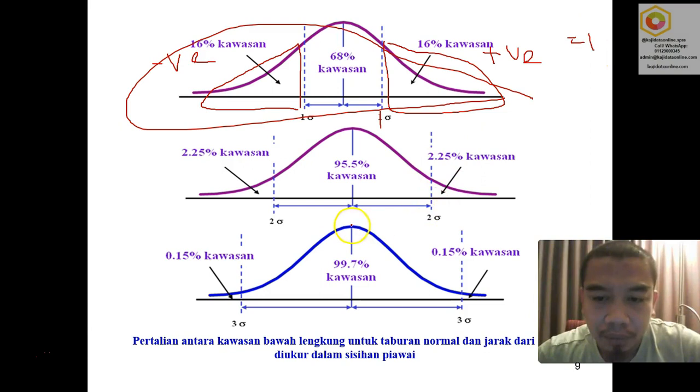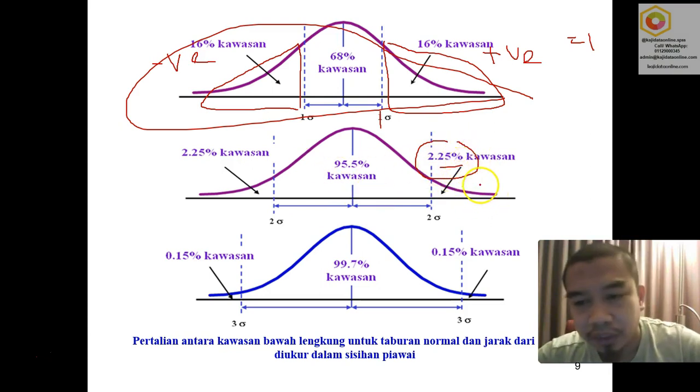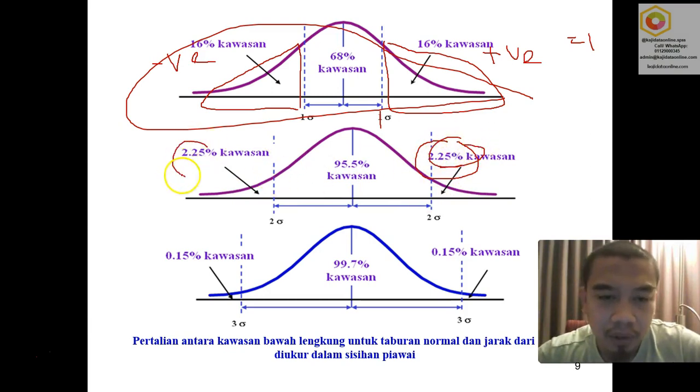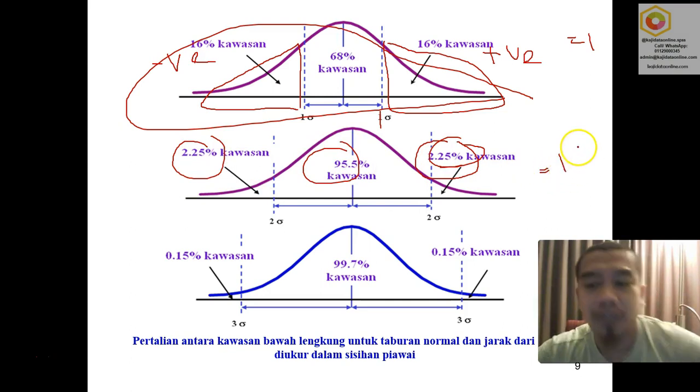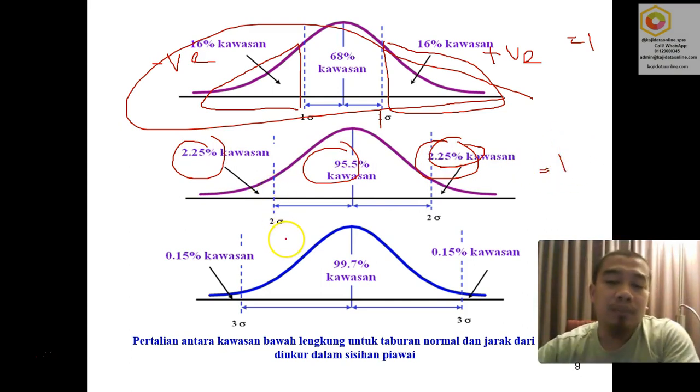Now, if we are talking about the second standard deviation, we are concerned with and focusing on the 2.25% on both the positive and negative sides, which if we accumulate all of these, will equal 100%, or we call it 1. So this is what the mathematical model explains by the tabulations of area under curve.